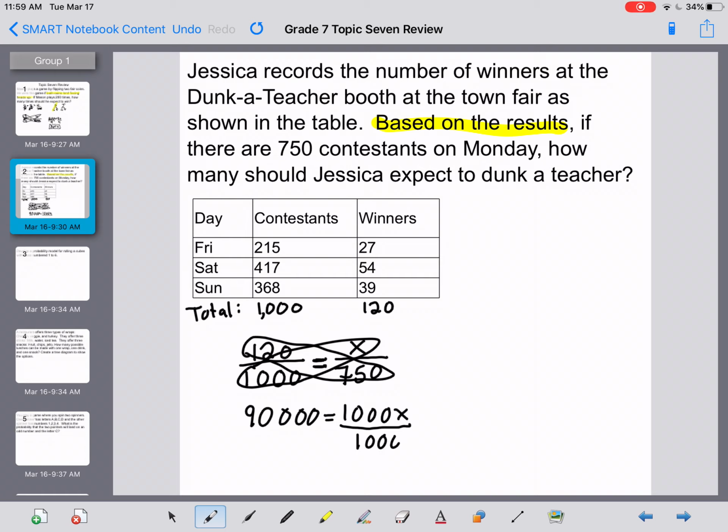I'm going to divide both sides by 1,000. 90,000 divided by 1,000 is equal to 90. So Jessica can expect there to be 90 winners if 750 contestants play on Monday.